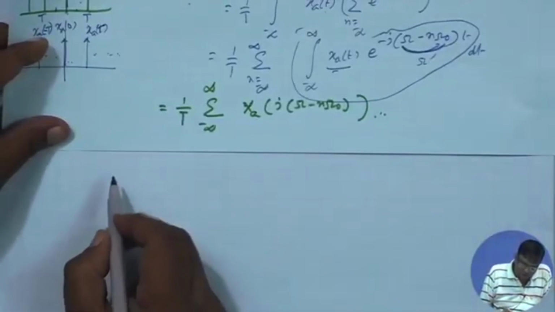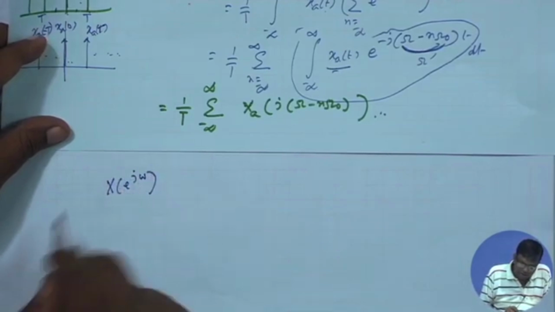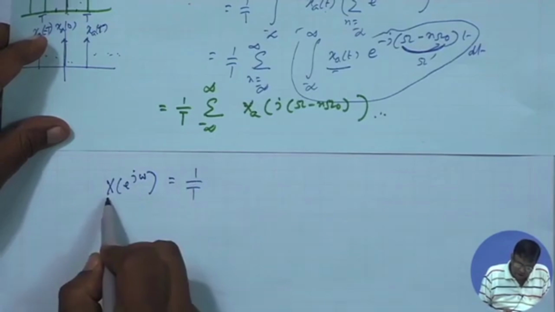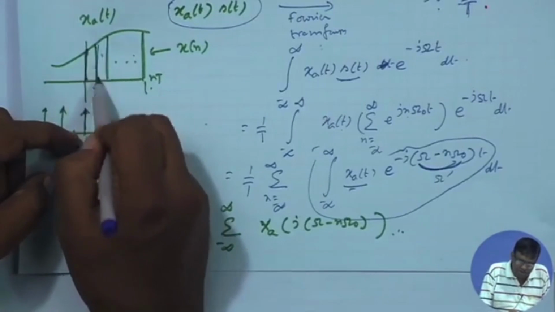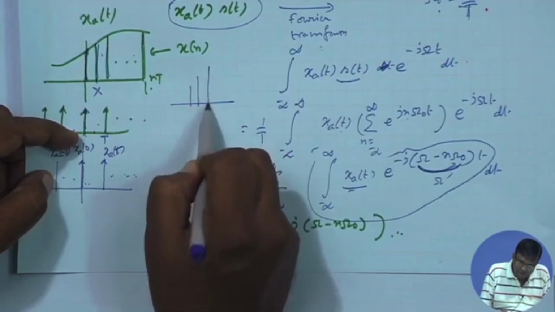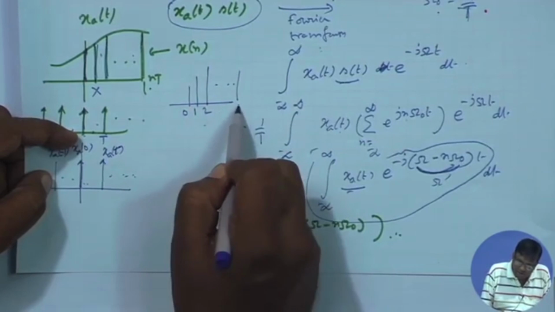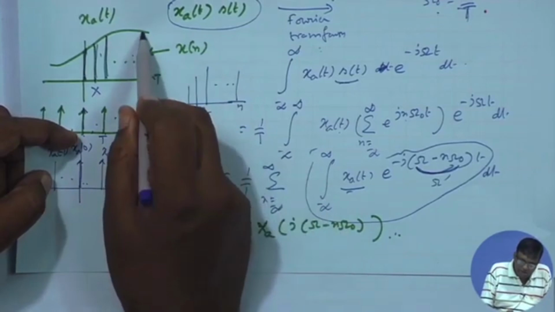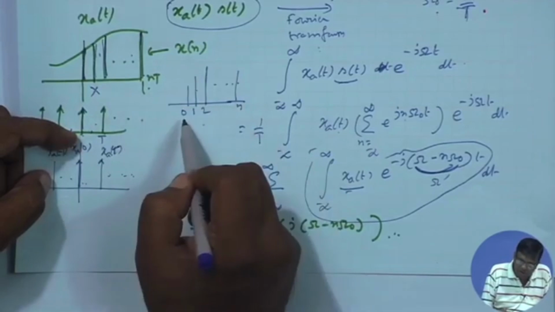I can equate the two and say X(e to the power j small omega), from one approach, is the DTFT of what? If you take these samples and form a sequence, 0th, first, no time here, only index values, so that this sample sits here, this sample sits here, they form a sequence.